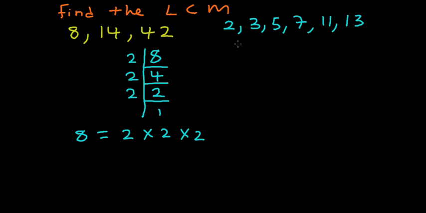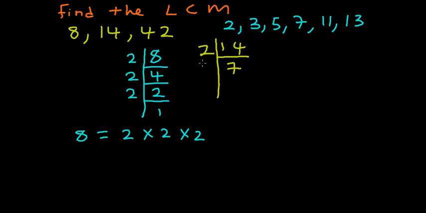Let's work out the prime factorization for 14. Draw the line below it. 2 in 14, you get 7. Okay, 2 in 7, you're going to get a remainder, so we can't use that. 3, we're going to get a remainder. Likewise, if we use 5, we're going to have a remainder.